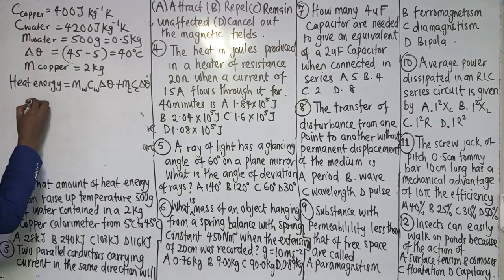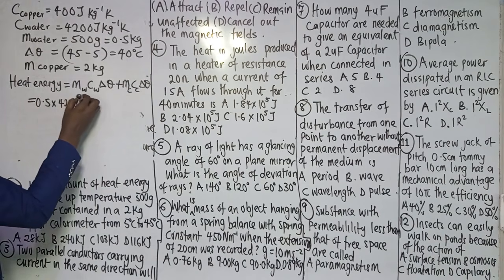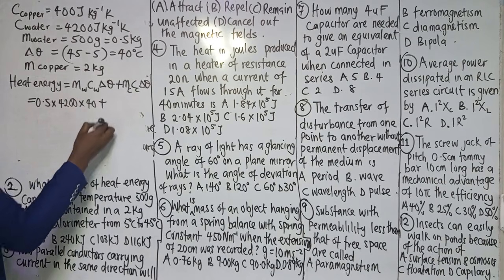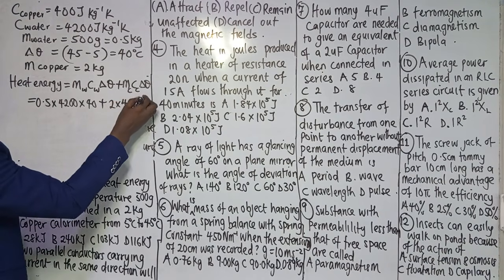So I'm going to have it as 0.5 times 4200 times 40 plus 2 times 400 times 40.